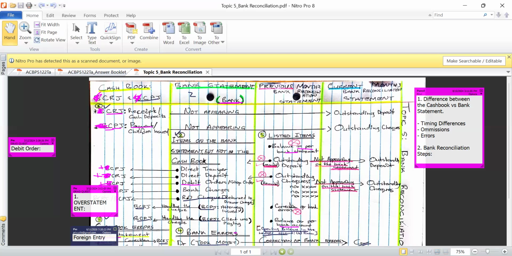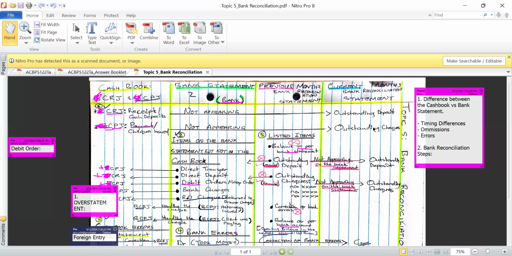So you're looking at those records that you have recorded here that relate to cash payments. If those records are not appearing on the bank statement, it means they have to be taken to the current month bank reconciliation statement as outstanding checks or outstanding EFTs. Are we together?